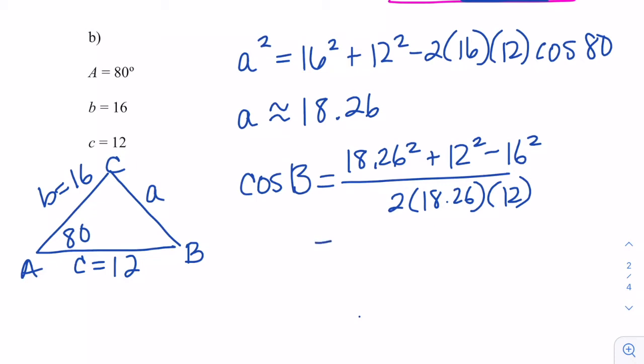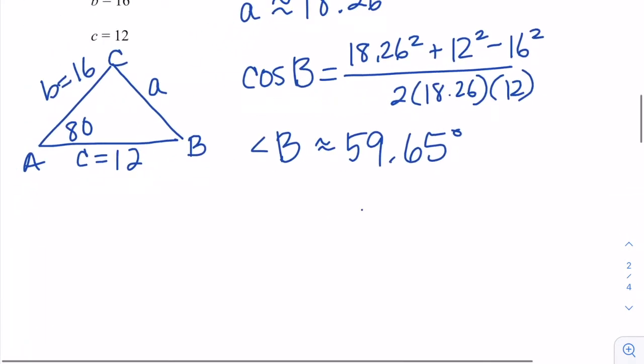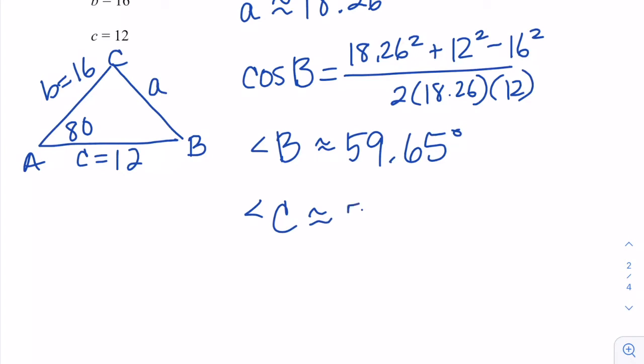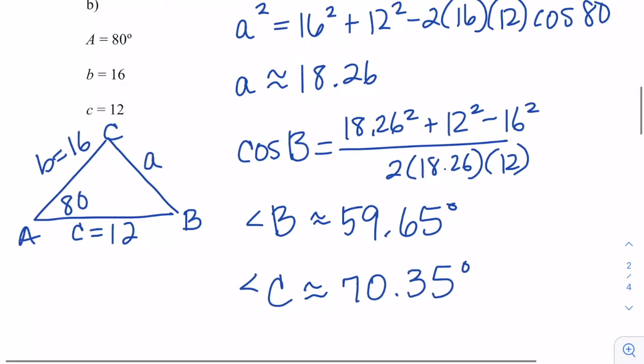And so this will be approximately 59.65. And then to find the third angle, angle C, you can just subtract those values from 180. So angle C will be about 70.35 degrees. All right, so again, for all of these values we are approximating, but you have to use the law of cosines when you have side, side, side, or side, angle, side.